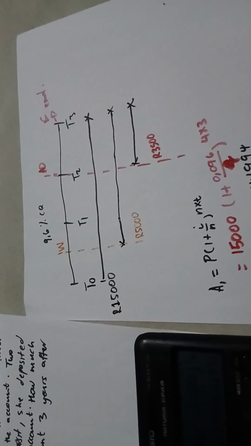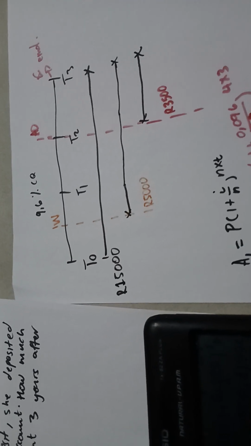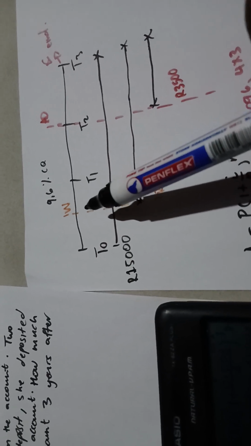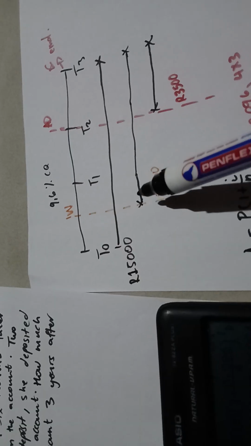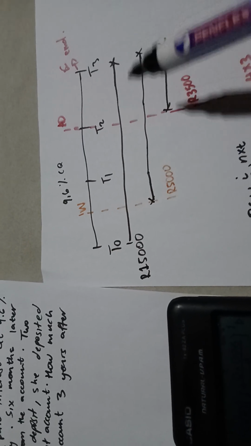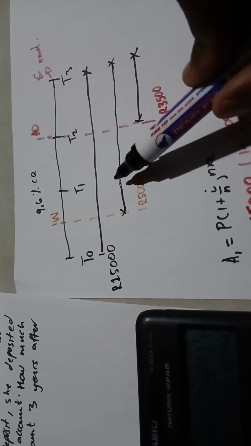Now remember, when it comes to withdrawal, what time do we focus on? It was withdrawn 6 months after, which means it will now affect the amount of interest for the remaining period. If we have 3 years, and in the 3 years we take out 0.5, or half, we'll be left with 2.5, which we can do easily with the timeline, because it's just half, then 1, 2, ne?